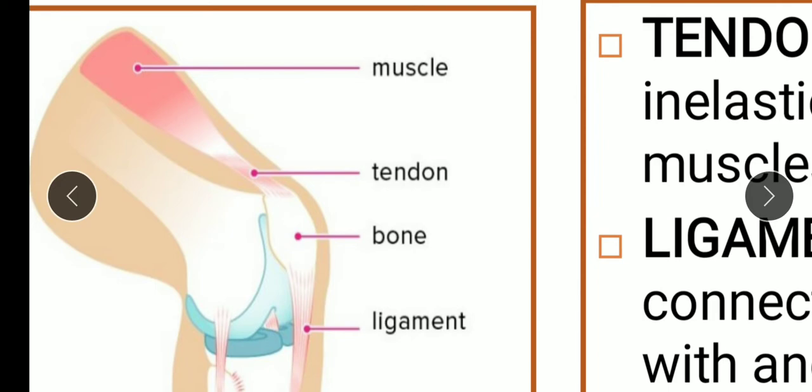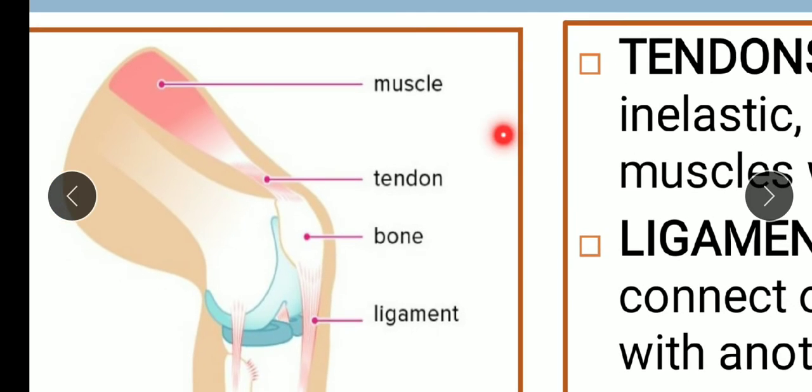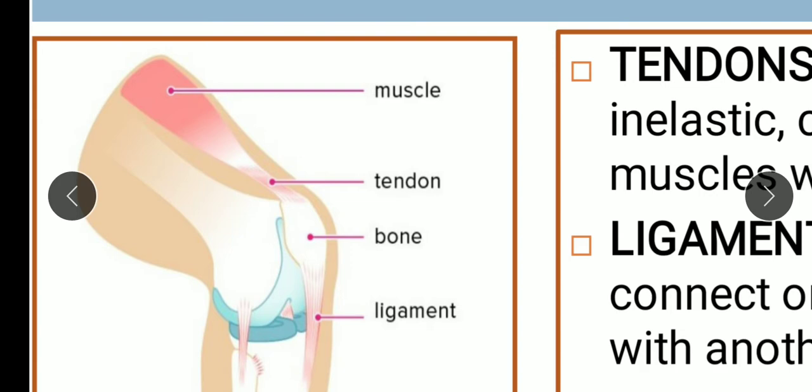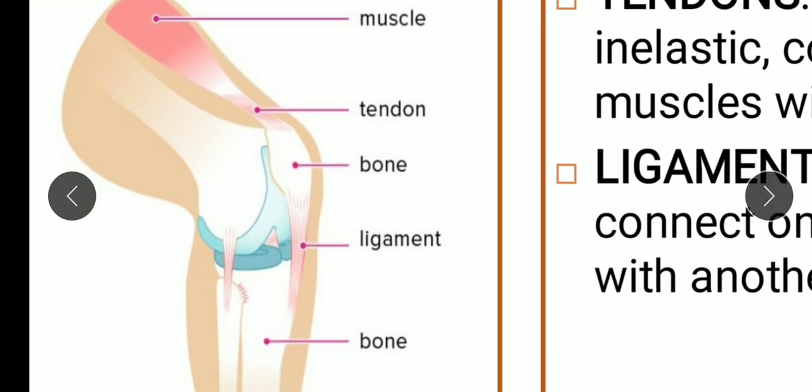Now we will see the other fiber, that is ligaments. You see here this is a ligament, and ligaments are elastic due to the presence of yellow elastic fiber in the matrix. What is the function of a ligament? They connect one bone to another bone.